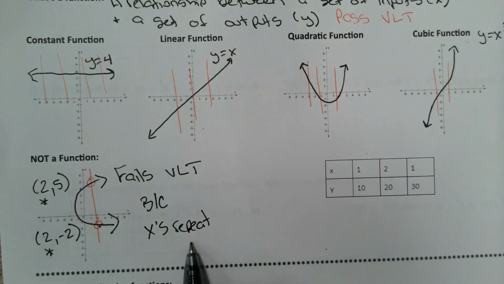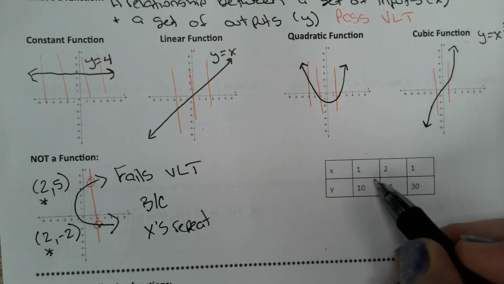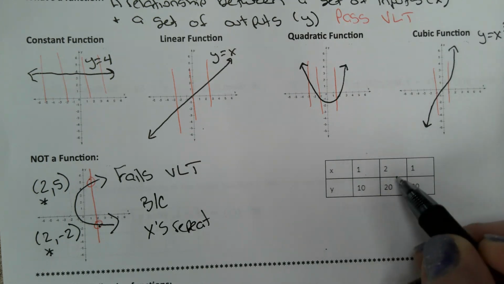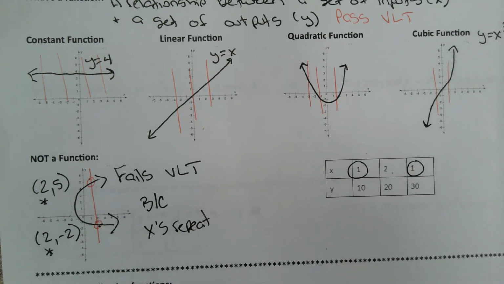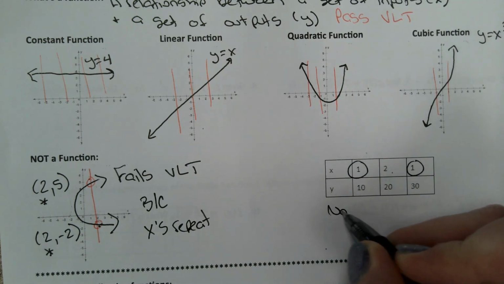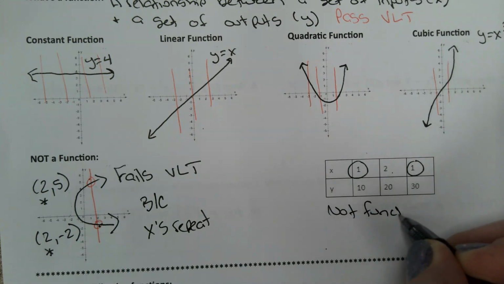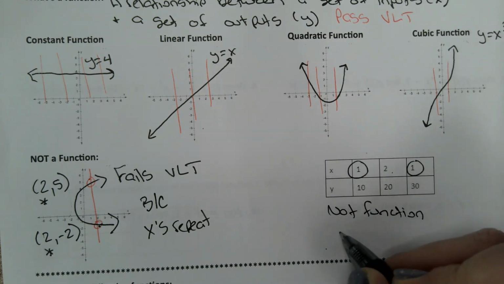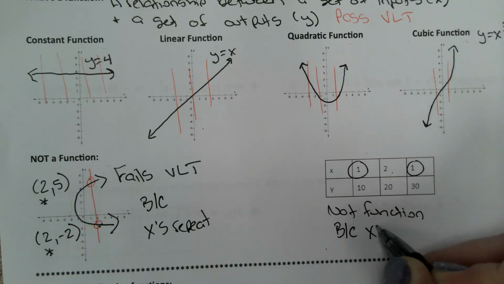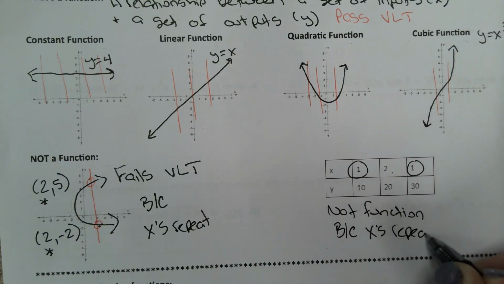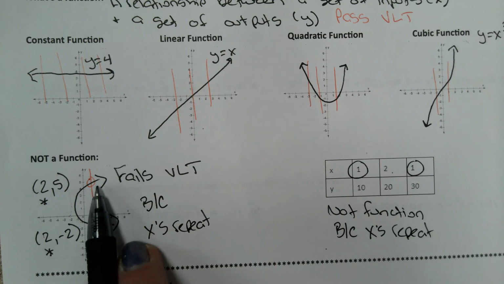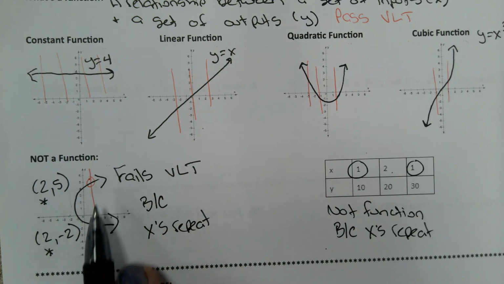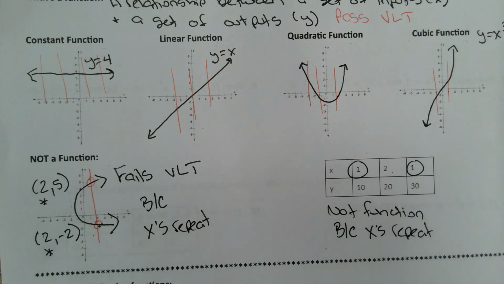All right, so once you know that, then when you look at this, your x's are 1, 2, and 1. So this one is also not a function, because the x's repeat. And if you would draw it, you would see a graph that would fail the vertical line test.